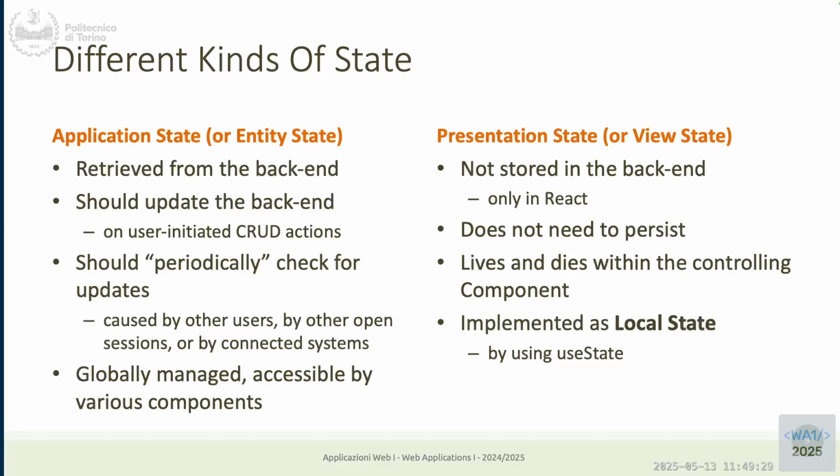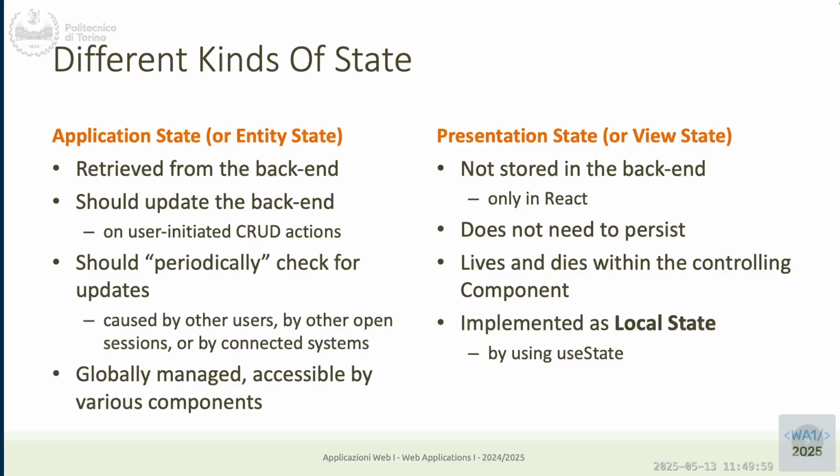In HTTP, it's not possible to have this kind of two-way real-time communication unless the client is polling the server periodically, asking, is there anything new for me? Are there new questions, are there new answers, and so on? But this is something that we should manage explicitly. So the problem is keeping the copy of the state, which is in the client, in sync with the server.